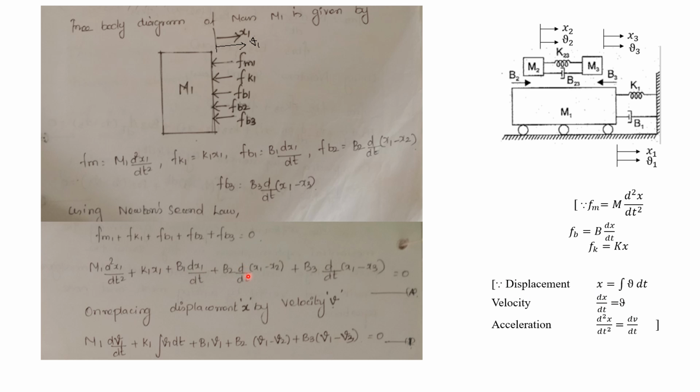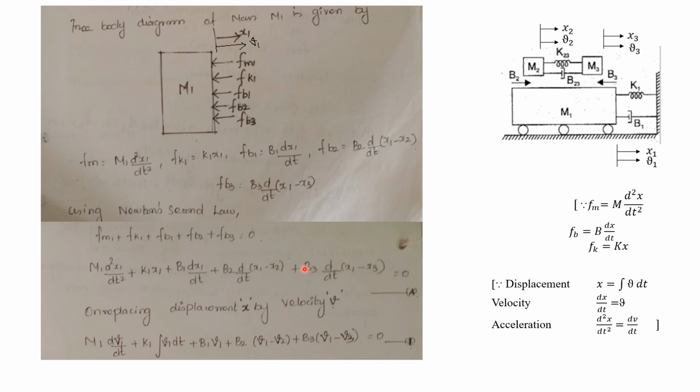The next element is b2 into d by dt of x1 minus x2. So this can be written as dx1 by dt minus dx2 by dt. What is dx1 by dt in terms of v? It will be v1. dx2 by dt will be v2. Here we have a bracket, so here also we have to write the bracket.